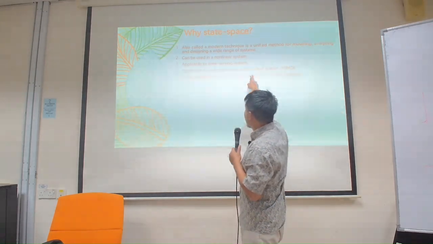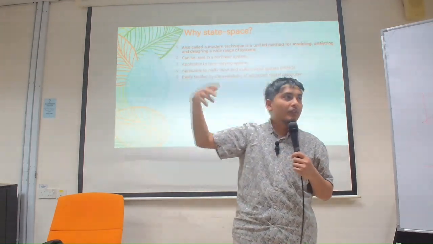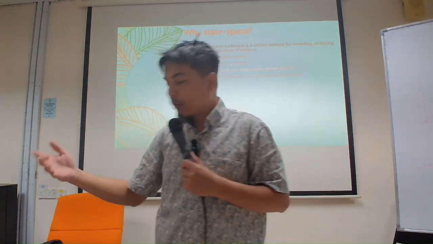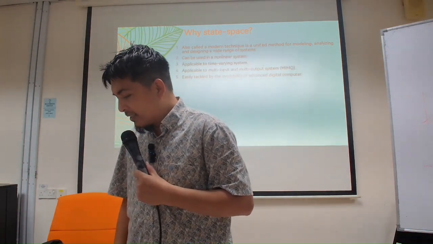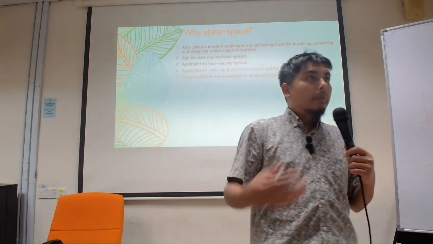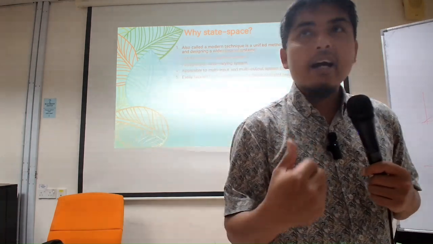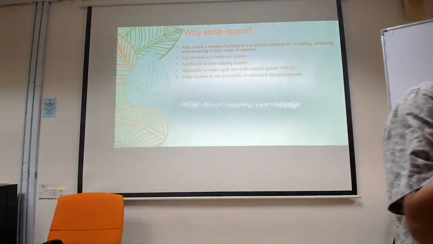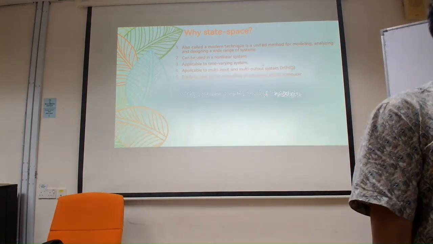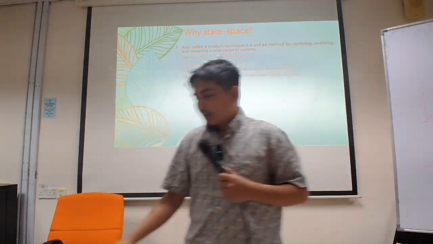If you have 4 inputs and 6 outputs, state space is the best modeling and is easily tackled by the ability of advanced digital computers. Believe me, this is not generated by AI, because I designed this slide not during the AI time.